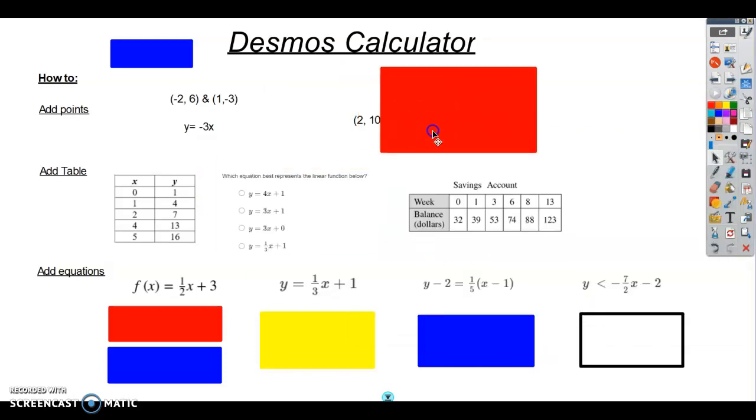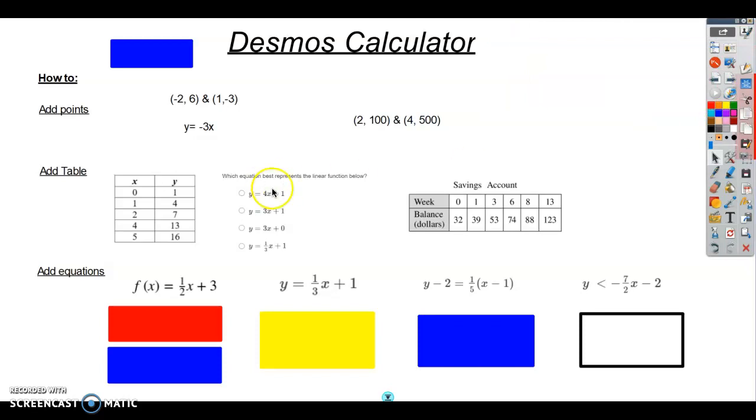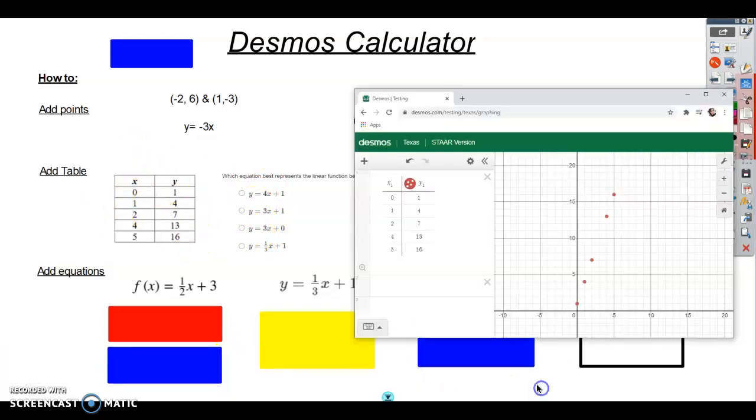What else can they ask me? They can ask me which equation best represents the linear function below. So these equations are my answer choices. This is my table. So I can put my equations in here and see which one goes through all of those points. My first equation is y equals 4x plus 1. That doesn't go through my points.